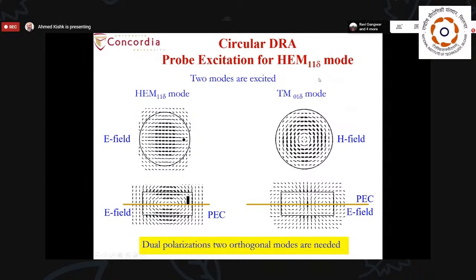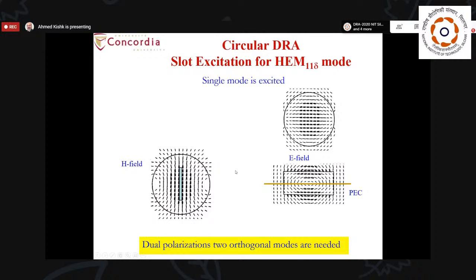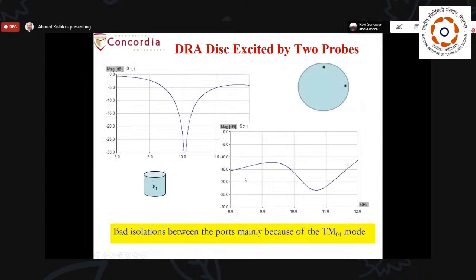While for the TM01 mode, here is the H field, circular like this in phi, and here the E field. So from knowing the field distribution, you know how to couple to these modes. For a slot excitation, it has to be in the middle, as we mentioned in the previous lecture.